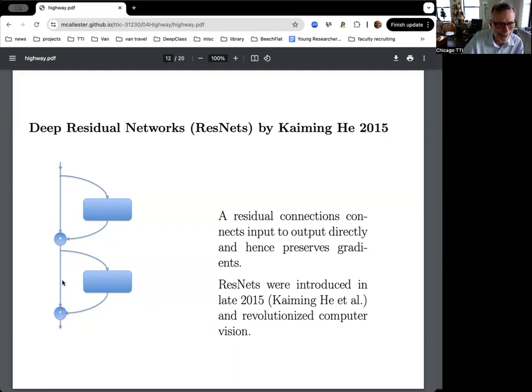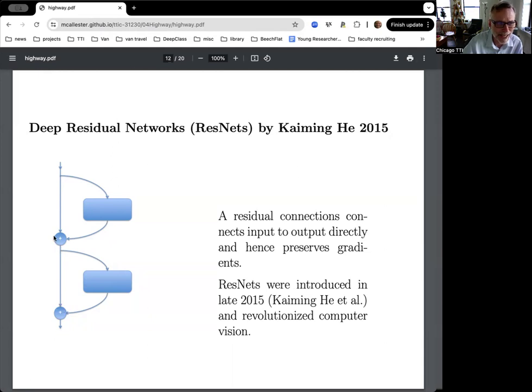Now, if I didn't have these residual connections, I would be backpropagating into this unit and then backpropagating directly into this unit and so on. If I have the residual connections, the backpropagation has a path that bypasses this network. So there's a direct gradient path from here to here.